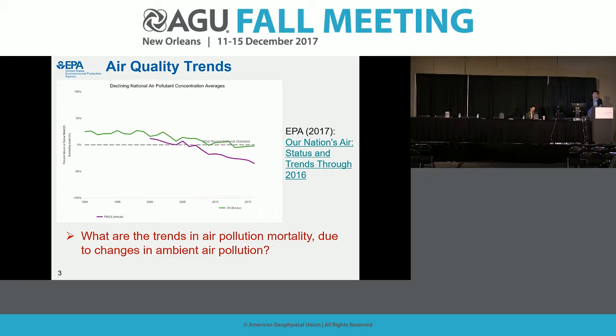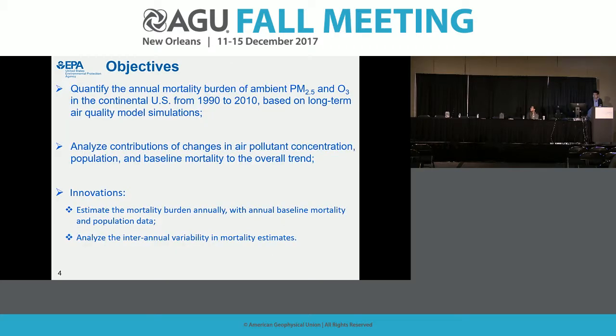So we asked the question: what are the trends in air pollution mortality due to these changes in air pollution? The major objective of our study is to quantify the annual mortality burdens of ambient PM and ozone in the US from 1990 to 2010, based on long-term model simulations.